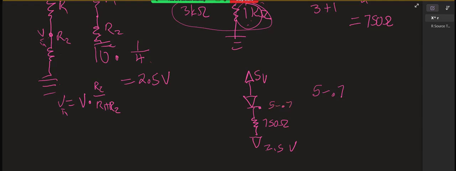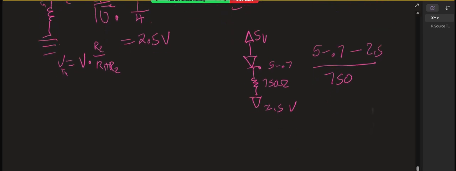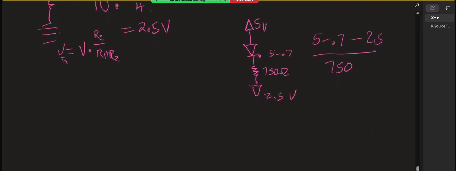And then to get the current through this bottom part, it'll be 5 minus 0.7 minus the voltage on the other side, which is 2.5, over the resistance, which is 750. So that is my current. So 5 minus 3.2 over 750.